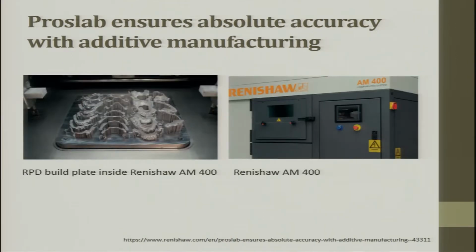providers. So, this is the denture build plate inside Renishaw. This is the machine. So, getting the scan data, they were able to make multiple products, each of varying denture size and shape, to the highest accuracy.